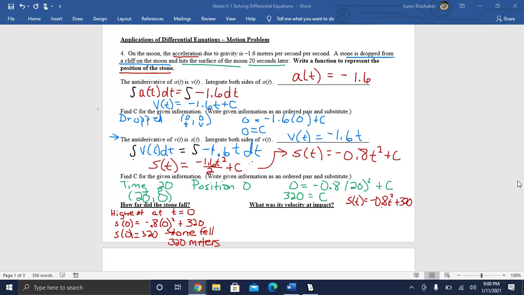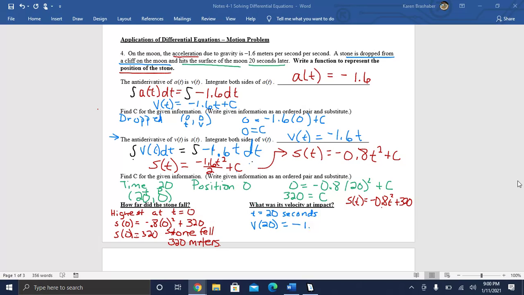And then another question that we might be asked is, what is its velocity at impact? Well, the time was 20 seconds when the stone fell to the surface. So now this is asking for velocity. So what is its velocity at time 20 seconds? In other words, v of 20.